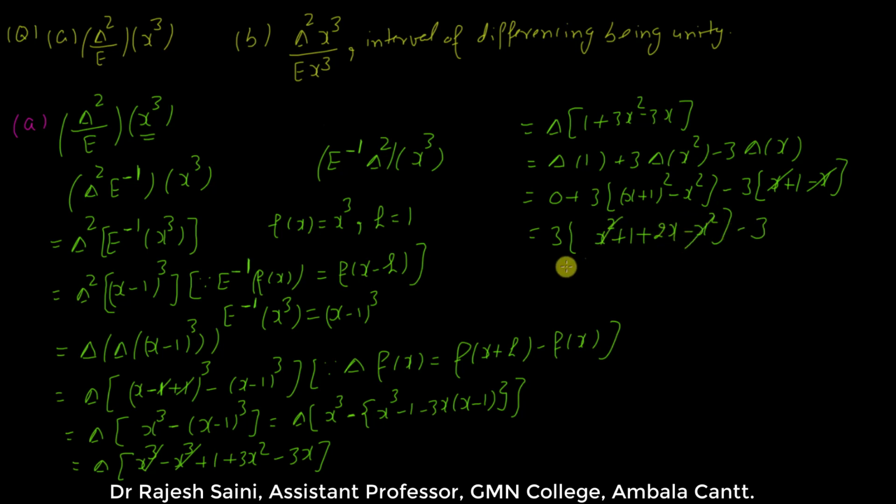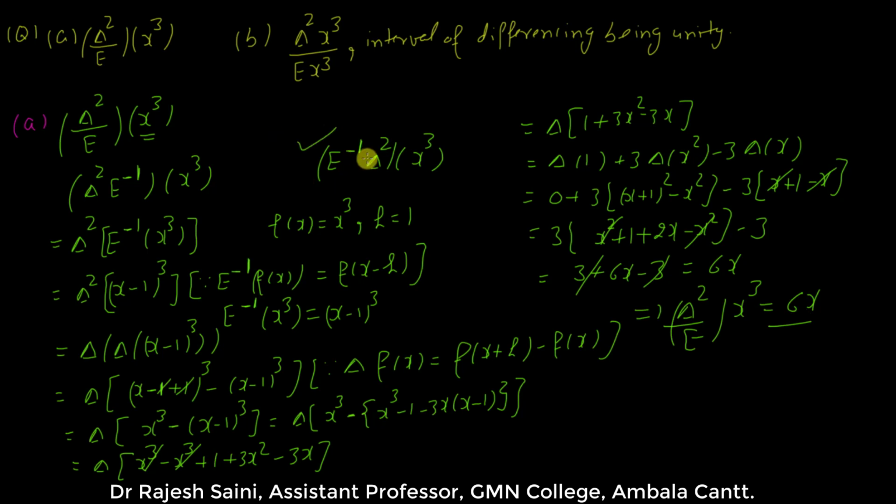X square to x square will cancel out. This will be 3 plus 6x minus 3. This to this will cancel out. So we are left with 6x. This implies that delta square by E x cube is equal to 6x.